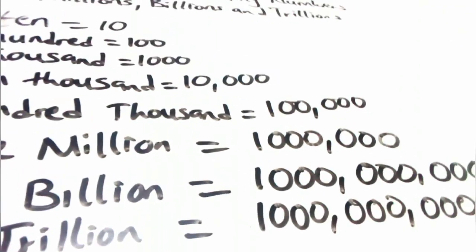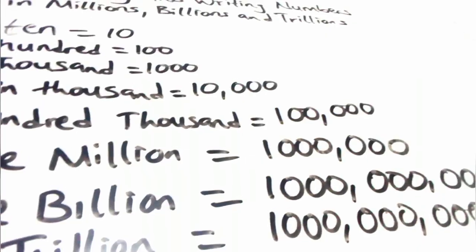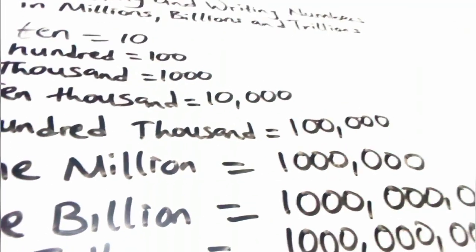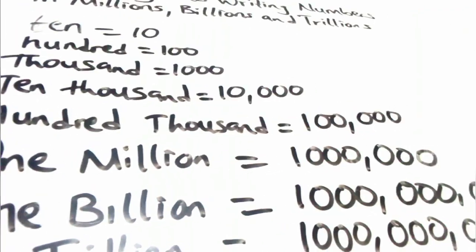Good. So for us to write numbers, we have to use their place values. For us to effectively write and count numbers in words and in millions, billions, and trillions, we have to understand their place value. Let's revise what we have known before.